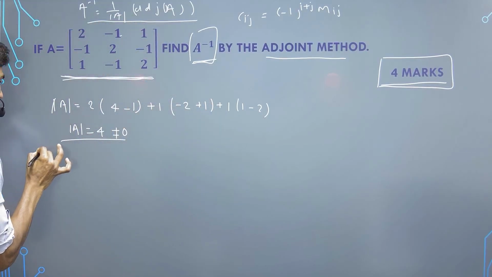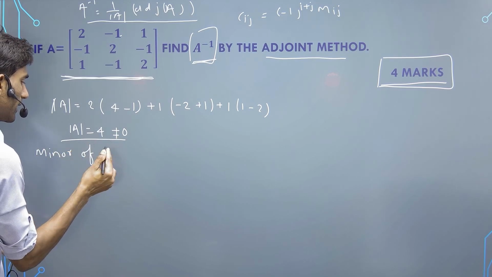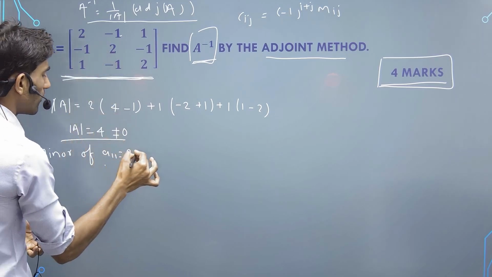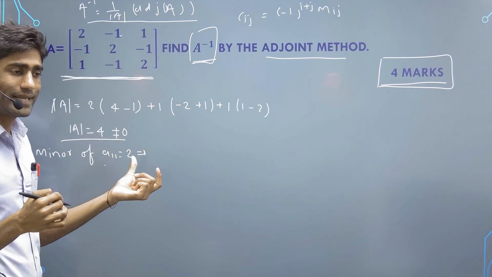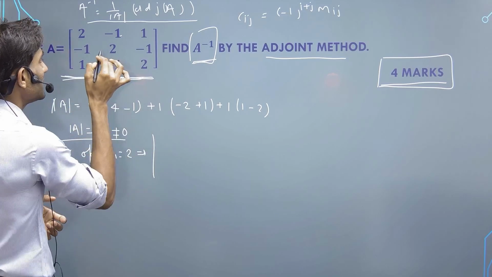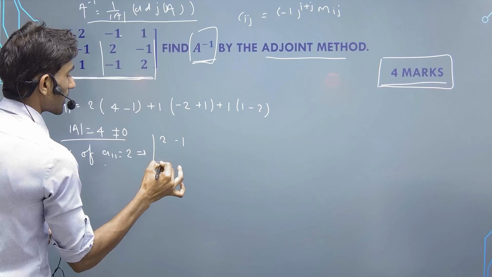Minor of A11, where A11 is the element 2. The minor of 2 gives us a 2 by 2 determinant: 2 minus 1, minus 1 2.